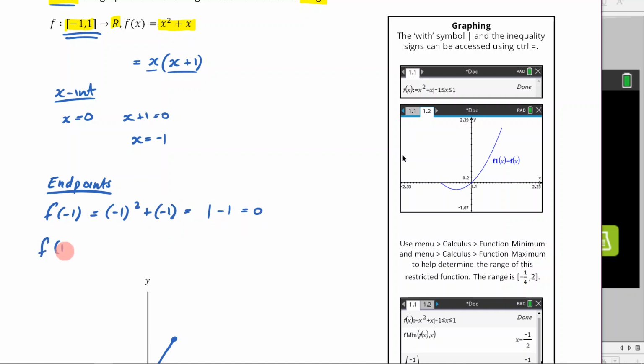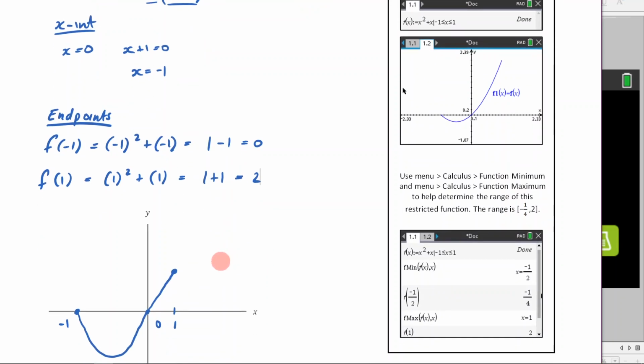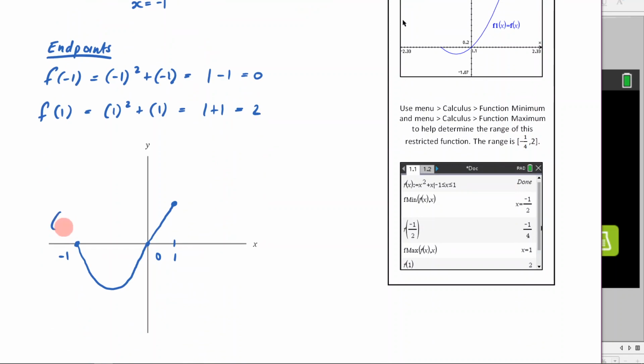Then f of 1 will be 1 squared plus 1, which is 1 plus 1, which is 2. And that makes sense. It makes sense that this right here is (-1, 0), because I'm on the axes, and this would be (1, 2). Perfect. And I'll label this as well, (0, 0).